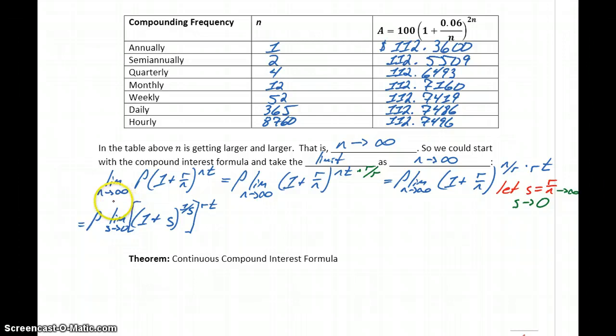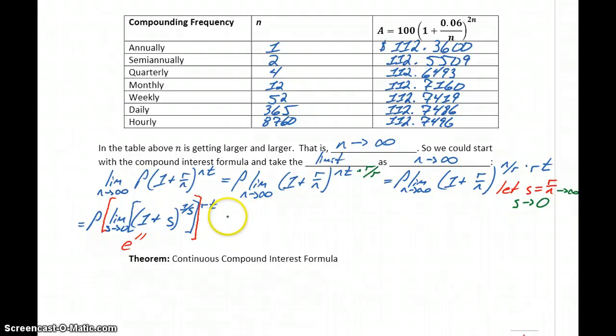If we look at just this portion, where we start with that limit of 1 plus s raised to the 1 over s power, which is then also raised to the rt power, this inner part is actually our precise mathematical definition for the constant e. So the value 2.718, et cetera, is defined by this limit expression.